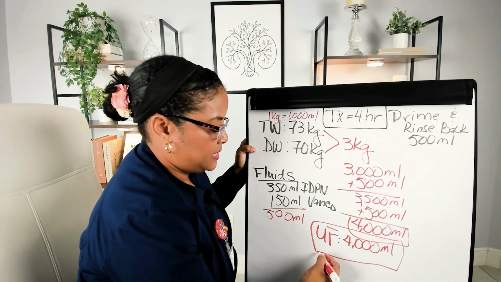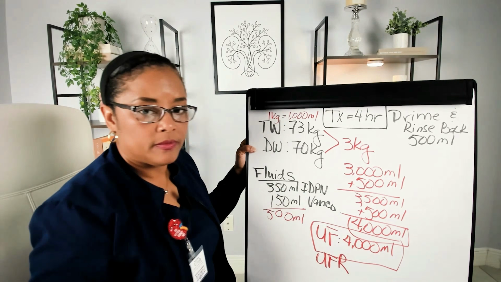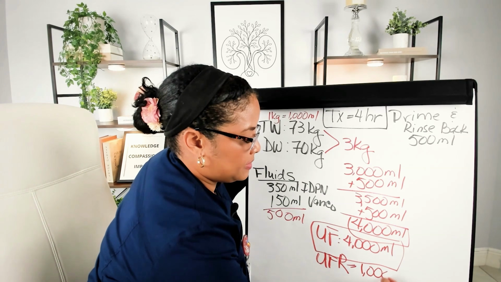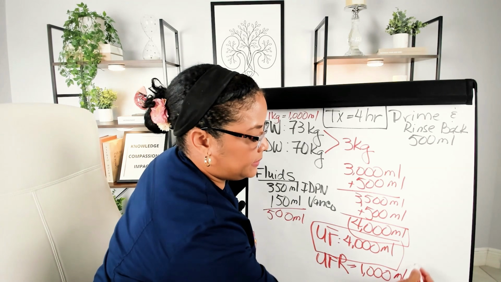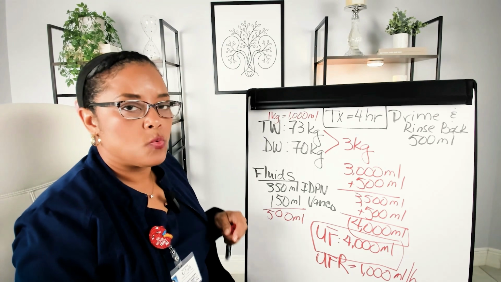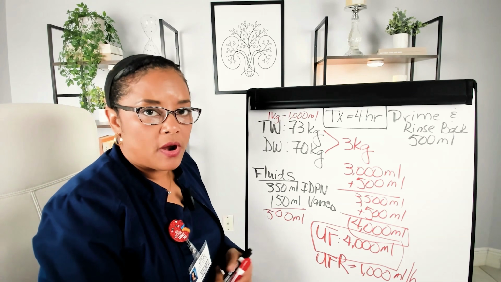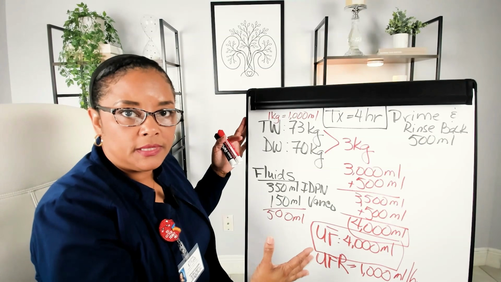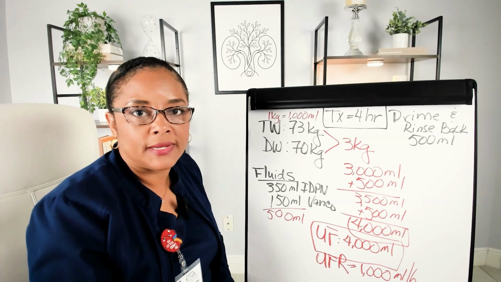And that will give me UFR equals 1,000. 4,000 divided by 4 is 1,000 milliliters per hour. The UFR is the breakdown, the per hour. So this would be the answer to your questions. So all you need to do is look for that answer and choose that answer.